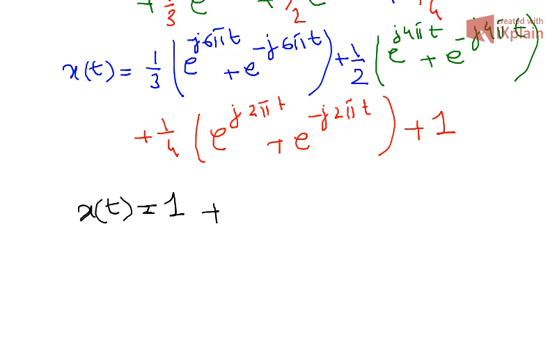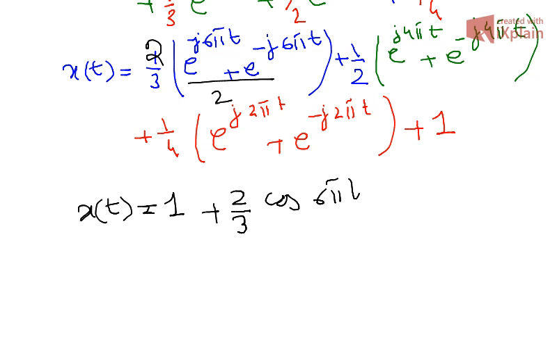Then I'll write this term, let's try these terms one by one. 1 is in the beginning. Now observe this term: e raised to power j 6 pi t plus e raised to power minus j 6 pi t, but the division by 2 is missing. So let's divide and multiply this term by 2. So I can rewrite this term as 2 over 3 cos of 6 pi t.